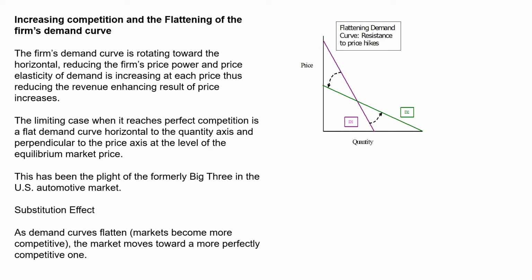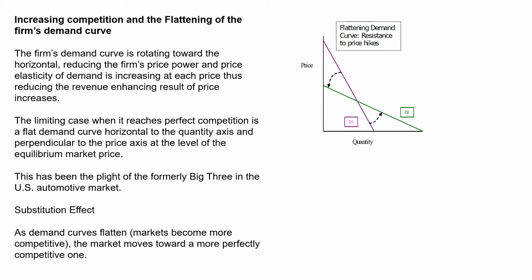Okay, there would be a lot less demanded of that product. So the limiting case when it reaches perfect competition is a flat demand curve, horizontal to the quantity axis and perpendicular to the price axis, at the level of the equilibrium market price.